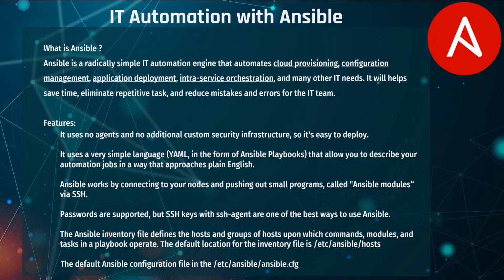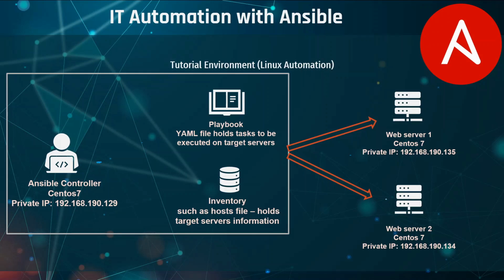We're going to create groups, which are the host groups or the target groups, including their IP addresses or the DNS record. And finally, the default Ansible configuration file is located in /etc/ansible/ansible.cfg.